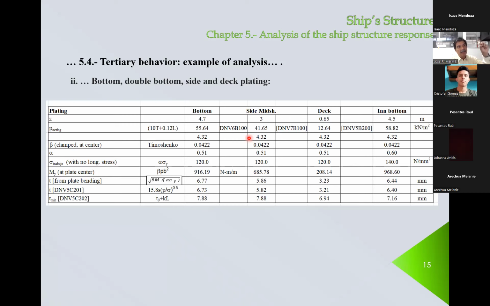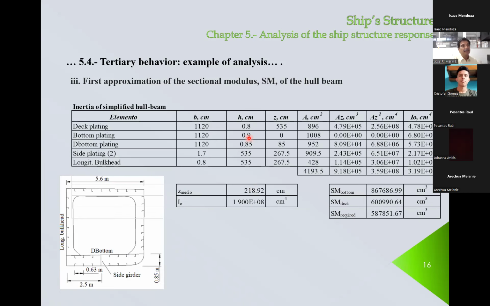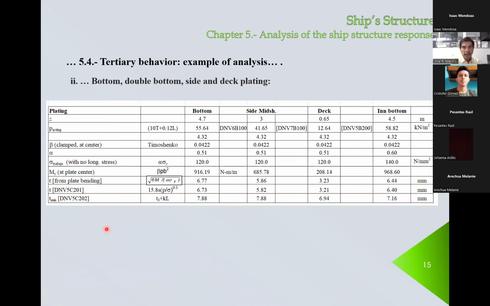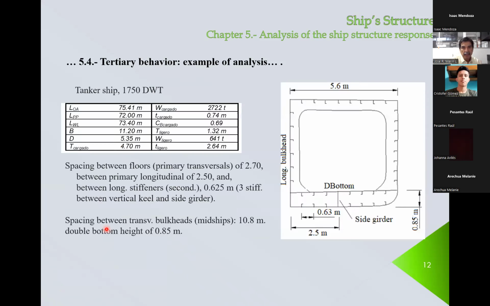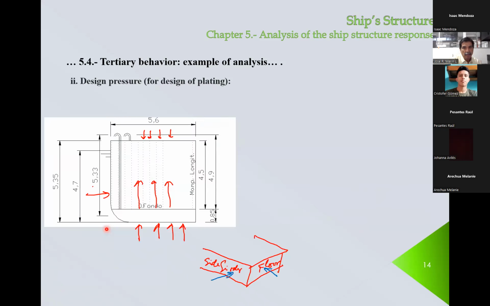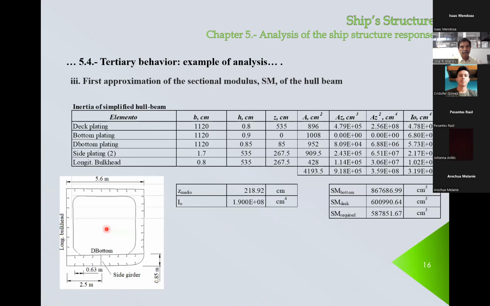And similarly for the other elements. So we know this calculation. This is the position of the centroid. Let me go back just a little bit. I need the depth. The depth is 5.35. From here to here, it's 5.35.